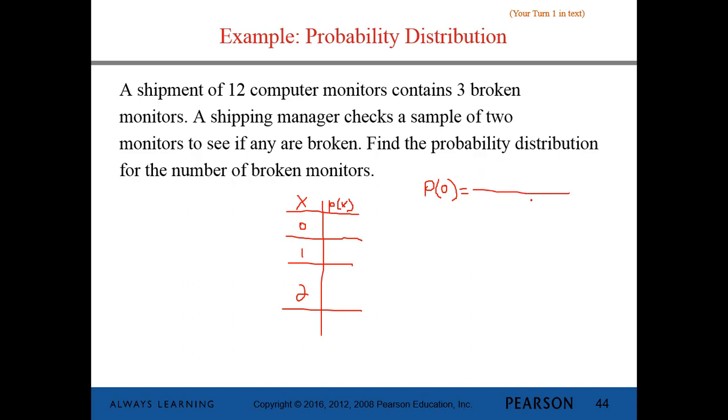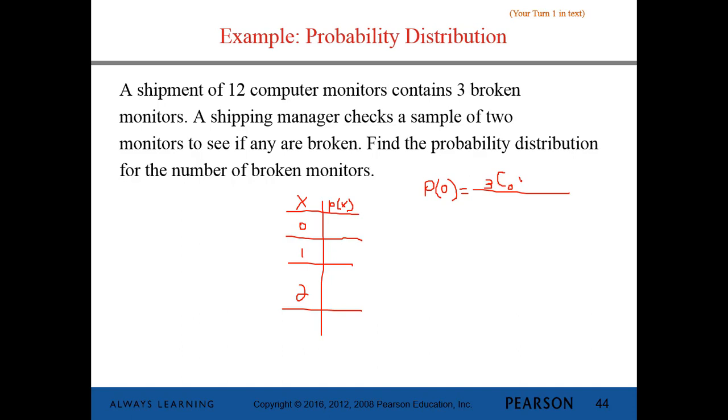So what's the numerator? How many different ways can we choose 0 of the broken monitors out of the 3? We're choosing 2 monitors, and of the 3 that are broken, how many do we want to choose? 0.